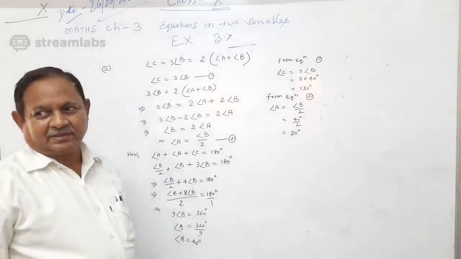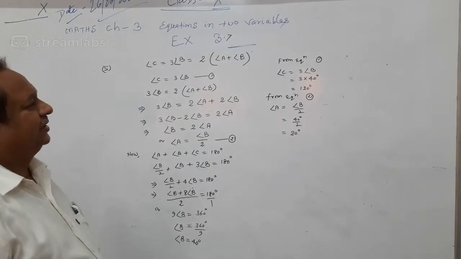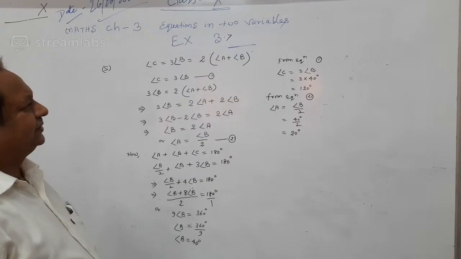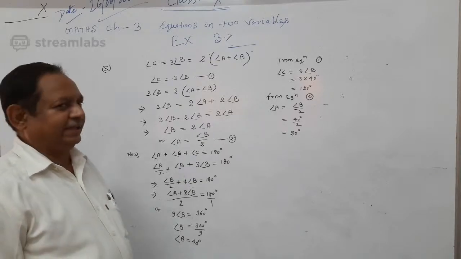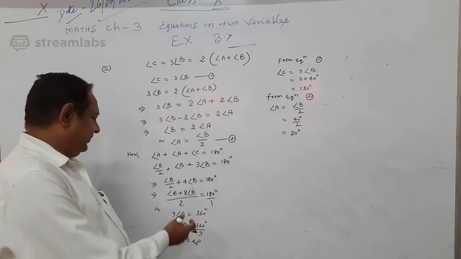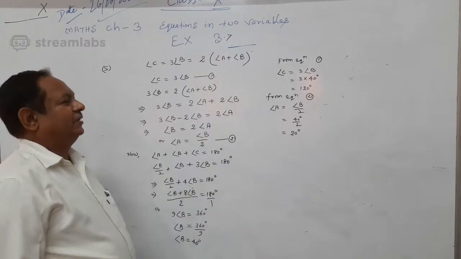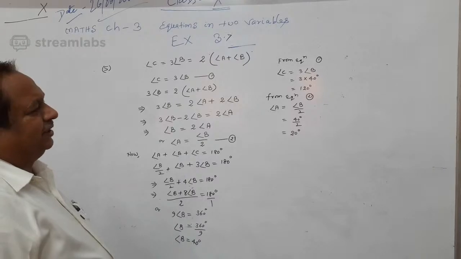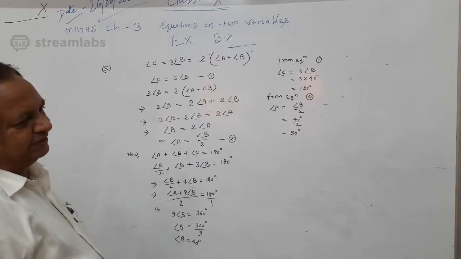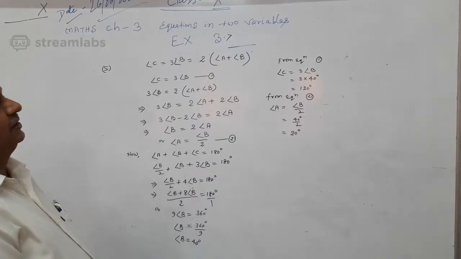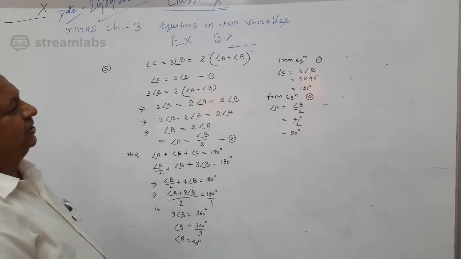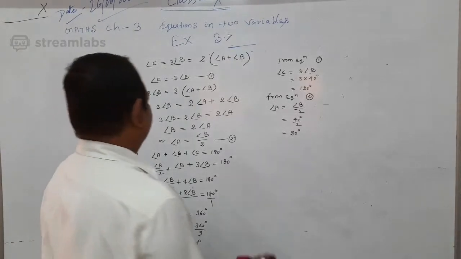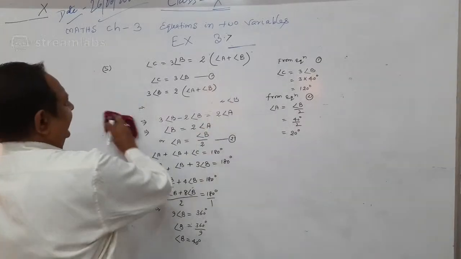So these are the values of angle A, angle B and angle C. If we add all these three angles, their sum will be 180 degree. Hence, you can verify your result by adding these three angles.